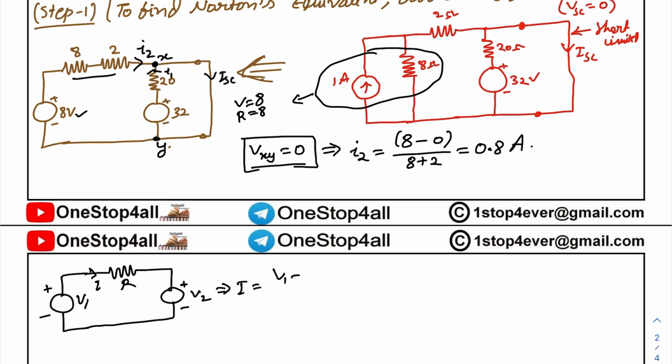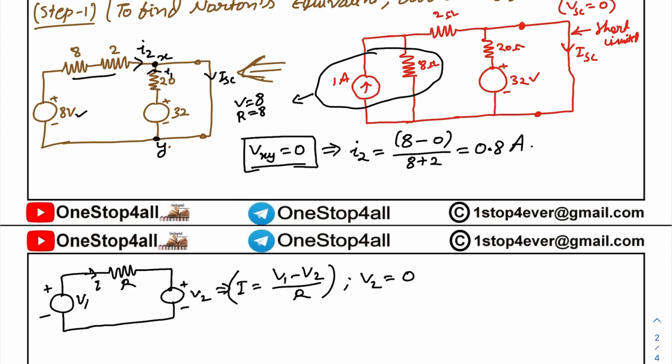So V1 minus V2 divided by total resistance. So this will be current. In the above question, our V2 will be equal to how much? It will be 0, because the XY terminal across this one is a short circuit line. Because of the short circuit, the voltage across the short circuited terminal will be obviously 0. So this is like this one.